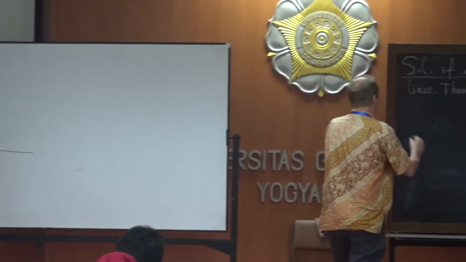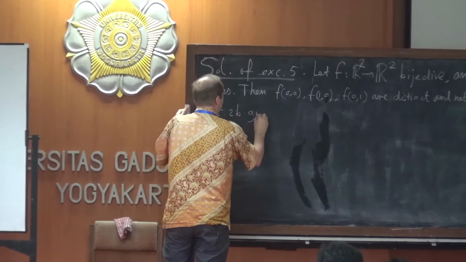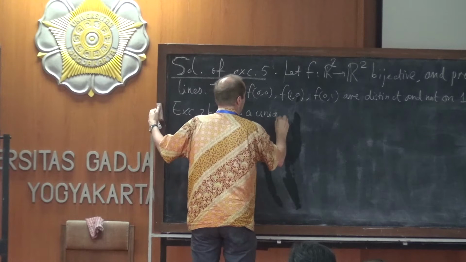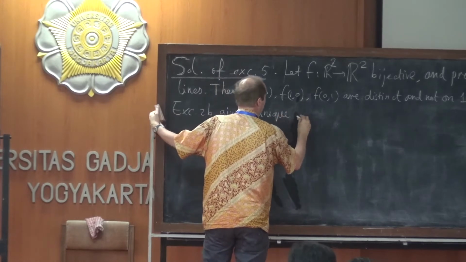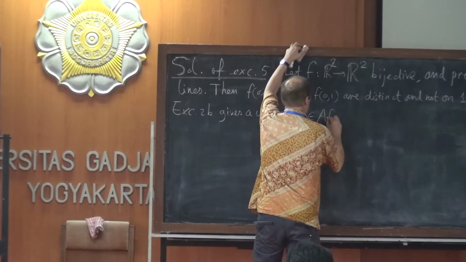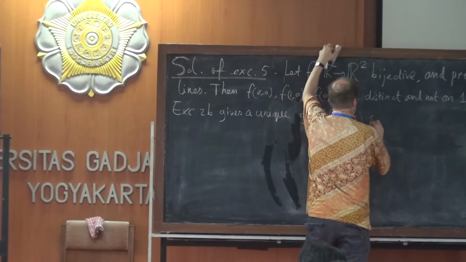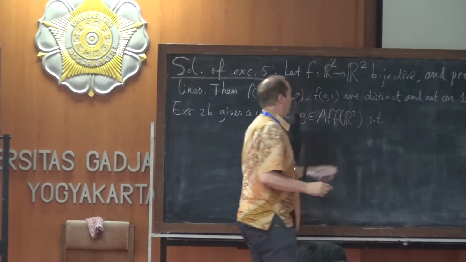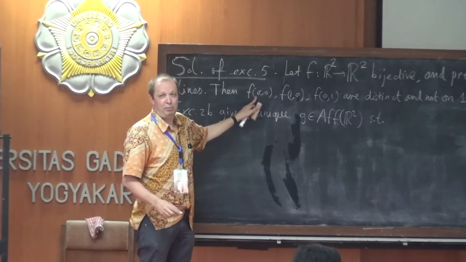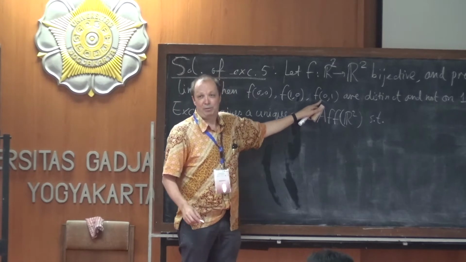So exercise 2B gives a unique, actually, I don't think a unique G in the affine group such that this G maps this point back to 0, 0, this point to 1, 0, and this point to 0, 1.